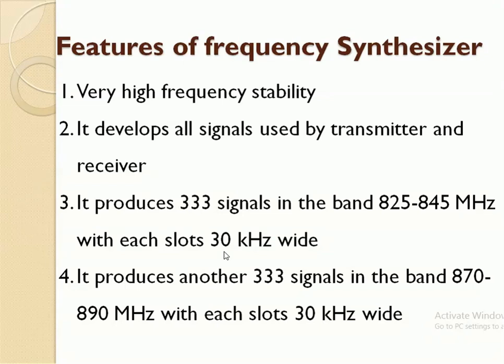And the last feature, it produces another 333 signals in the band 870 to 890 megahertz, with each slot 30 kilohertz wide. So these are the 4 features of the frequency synthesizer.